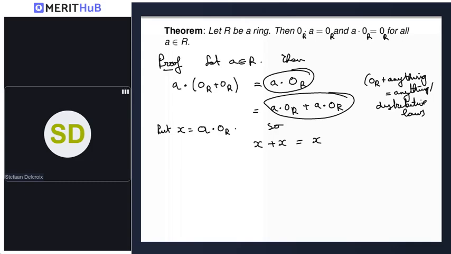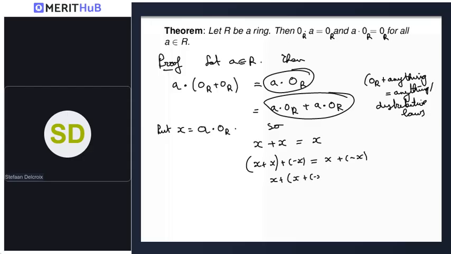I want to solve this equation for X. I'm going to add the opposite of X to both sides. I know I have opposites because under addition I'm an abelian group. I got to be careful. I got to write it like this. Here I can switch my parentheses.